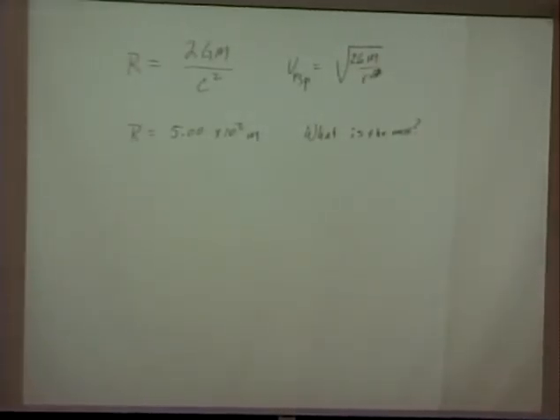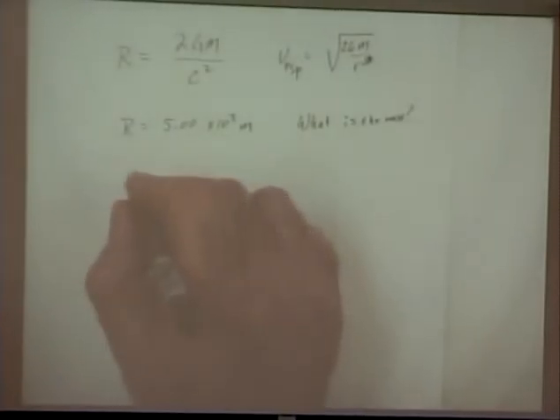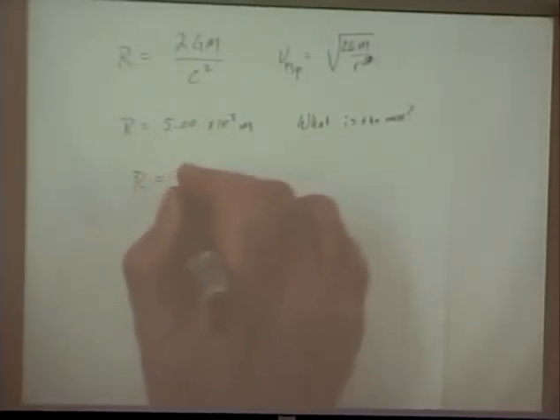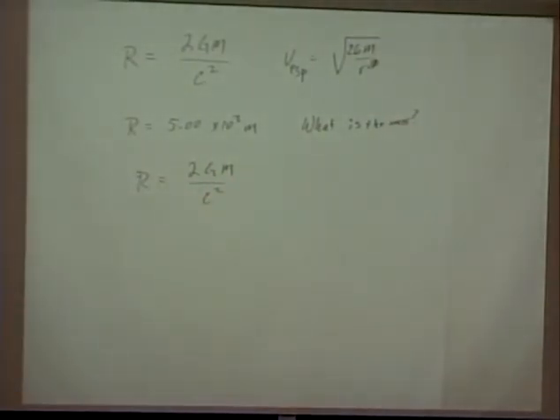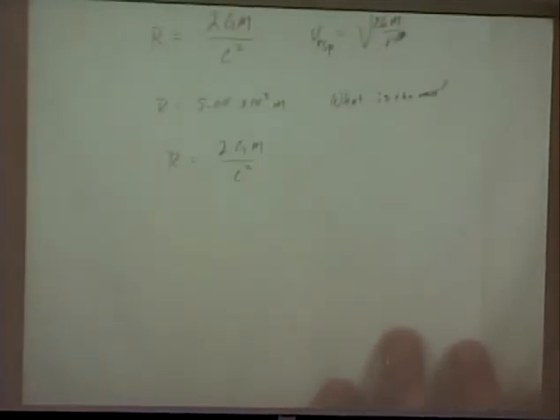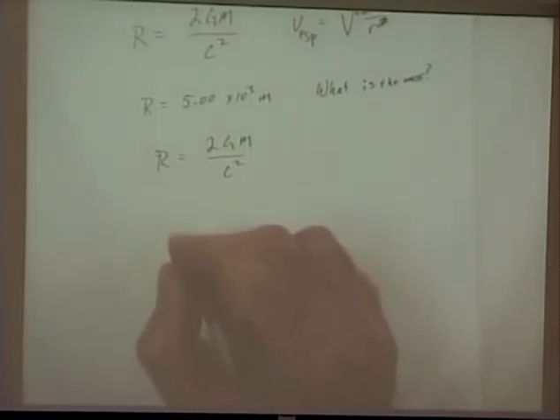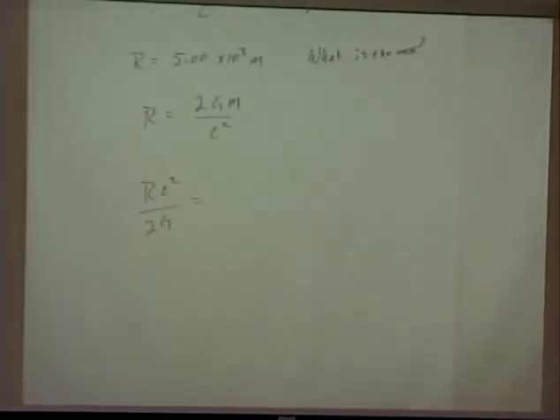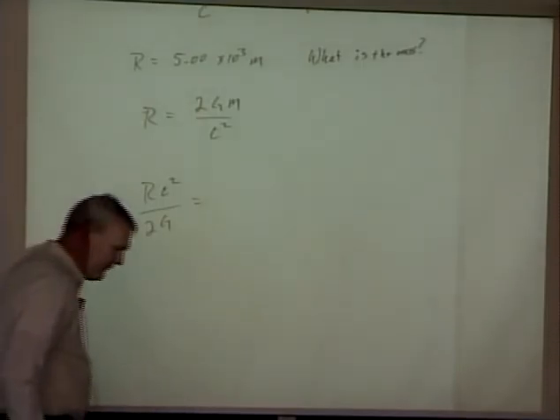It shouldn't be too hard. If we've got R equals 2GM over c squared, this is a problem that could show up again. So the mass is just going to be Rc squared over 2G.